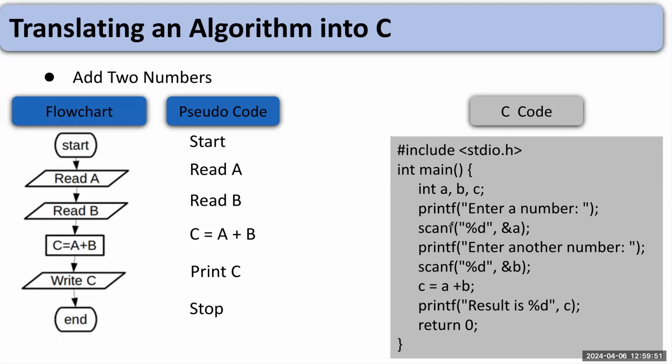We can input by using scanf. Please try these C programs and you can understand them. If you cannot understand, please come to the lab and get the answers. Practice these C programs.